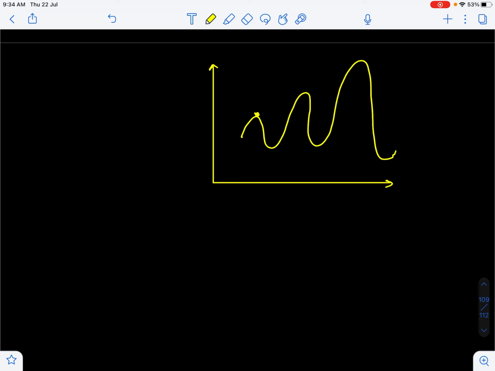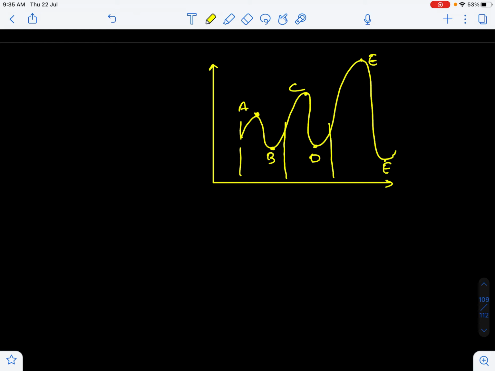So basically what these points are known as, let all the points be A, B, C, D, E and F. A, C and E are local maxima in that interval, and B, D and F are local minima in that interval.